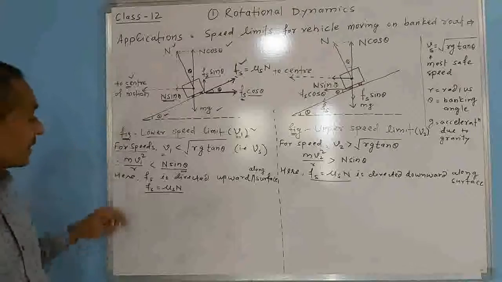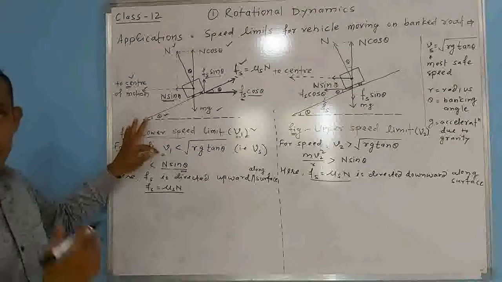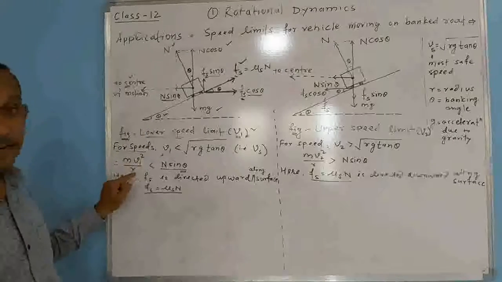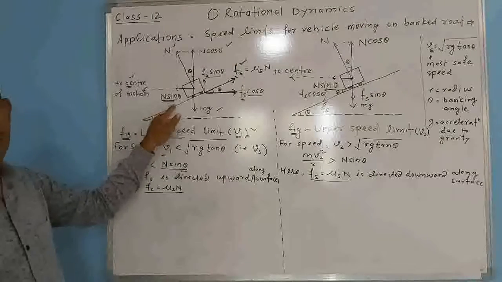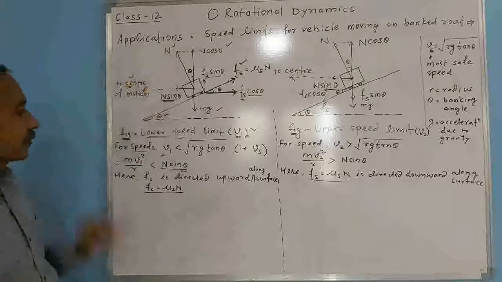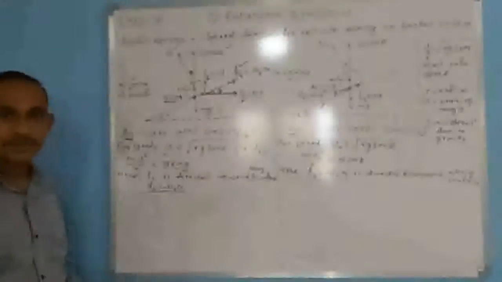Its other meaning is that the related centripetal force mv1 squared upon r is smaller than n sin theta, which is actually present in this situation.